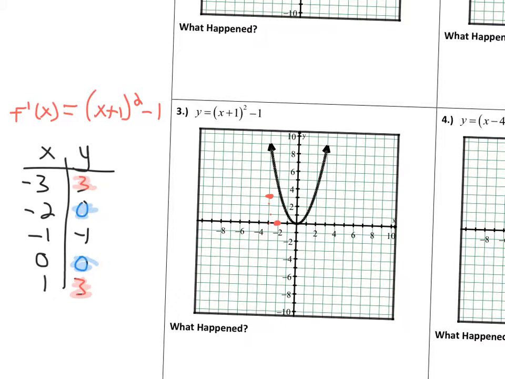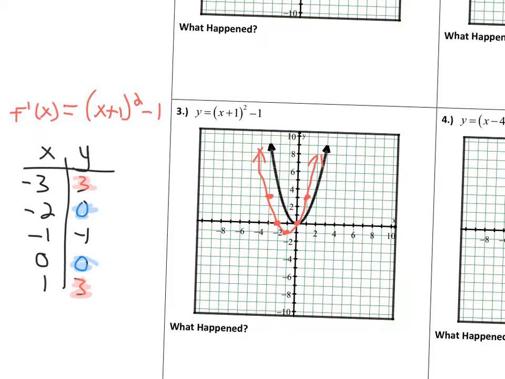And then the next one is -1, -1, down here. Then we got 0, 0, that's right at the origin. And then 1, 3. It might help you to use different colors here, just so you can see the difference. My new one's going to be in red, and the old one is in black. You don't have to, but it might be beneficial.